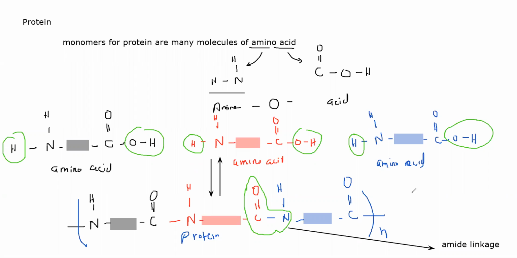H and OH will join together, and this is why we call it a condensation polymer, because it results in the formation of water. Because in condensation polymerization, when monomers link together, they form a long chain compound, the polymer, as well as a small molecule that is released, H2O, because on one side you remove H, on the other side OH, or OH and H. This will result in the formation of a water molecule.